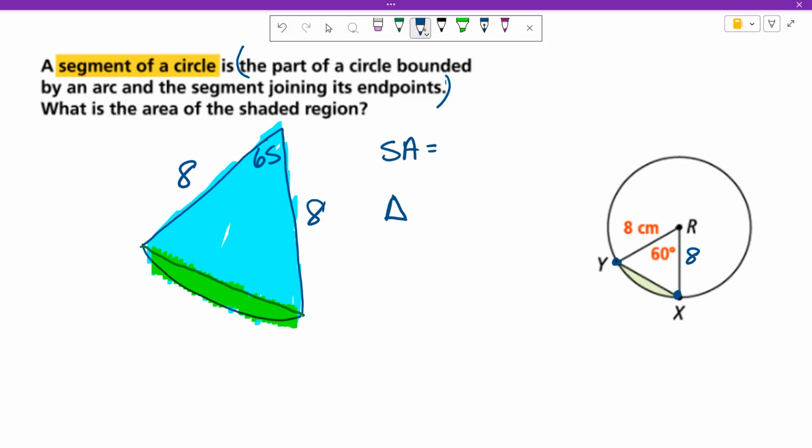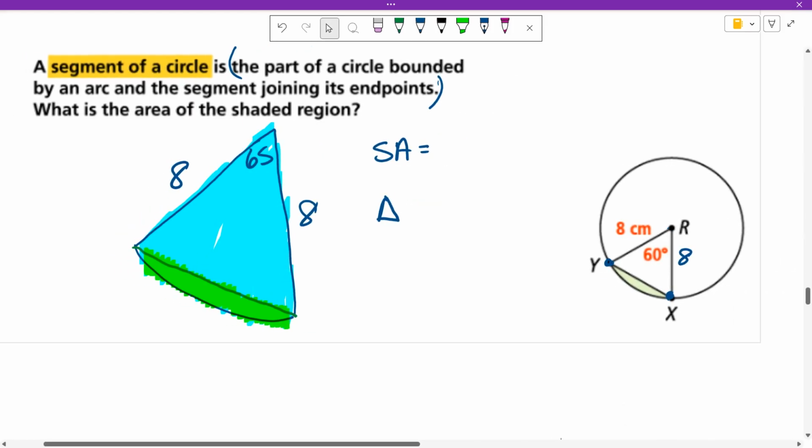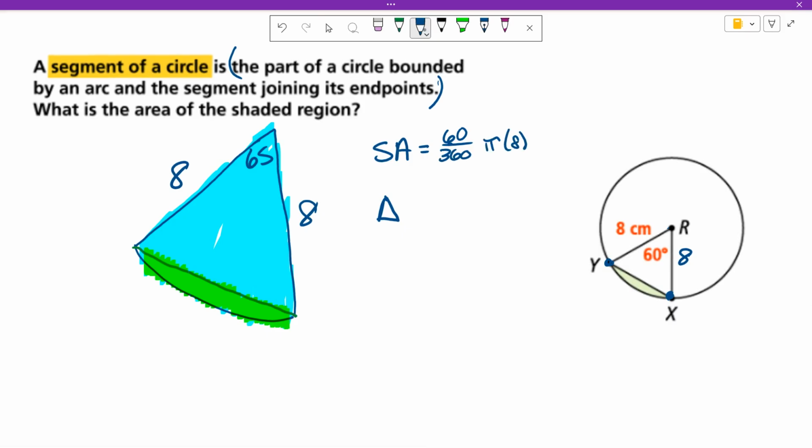Now the sector area, and we're going to use decimals now, the sector area is 60 degrees out of 360 degrees times pi r squared. Let's change that into a decimal, so you're going to hit the pi button. So 60 over 360, which is 1/6 or 0.16 repeating, times pi times 64.